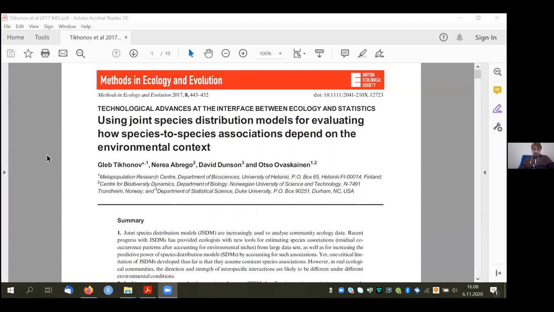So here the omega matrix is modeled as a function of some measured environmental covariates, by assuming that those species loadings, those lambdas, depend linearly on some environmental covariates, and that then generates species association matrices that vary according to those environmental covariates.